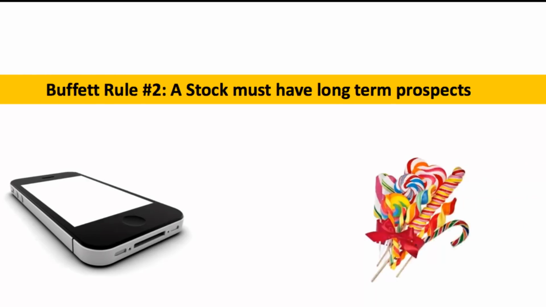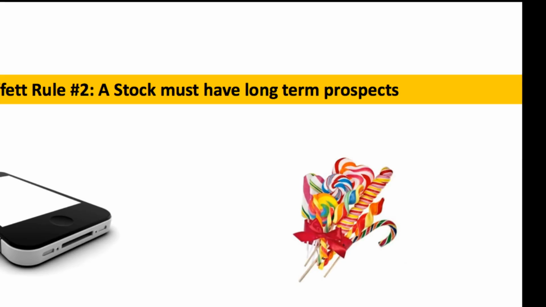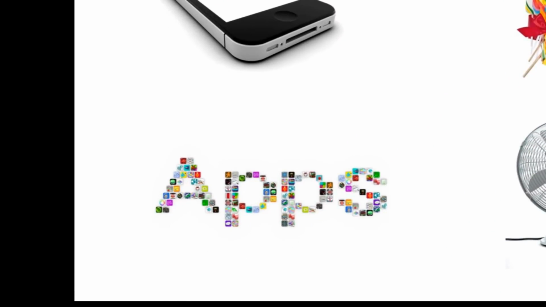Now, when you look over at the next item, you see candy. And that one is pretty obvious, that we're probably still going to be eating candy 30 years from now. So let's go down to the next one, apps. Let's say you wanted to own a company that only made apps for smartphones, whether it be the Apple iPhone or a Droid or whatever the case might be.